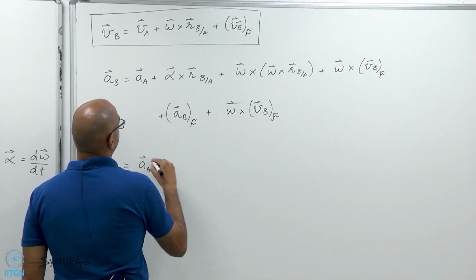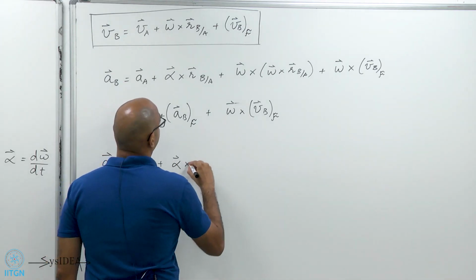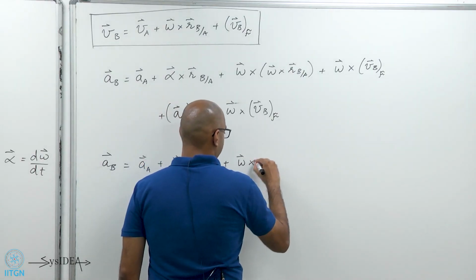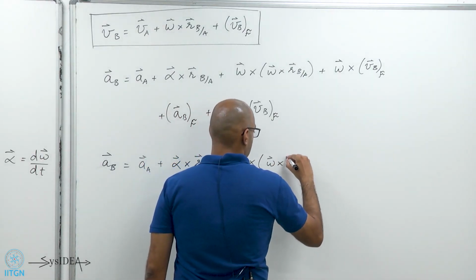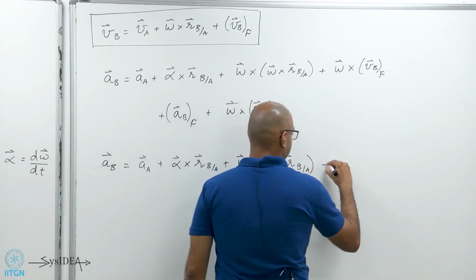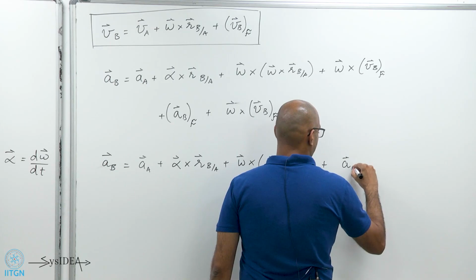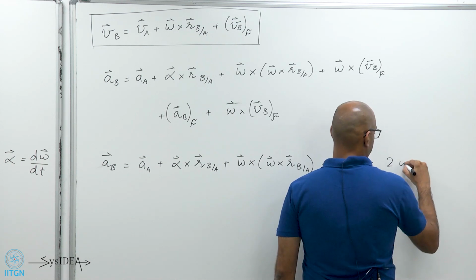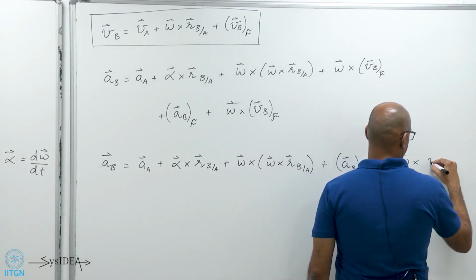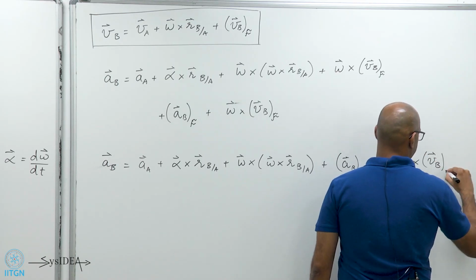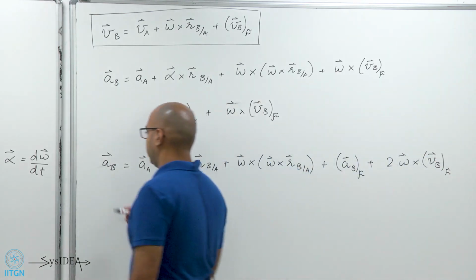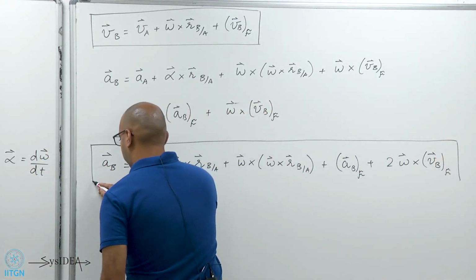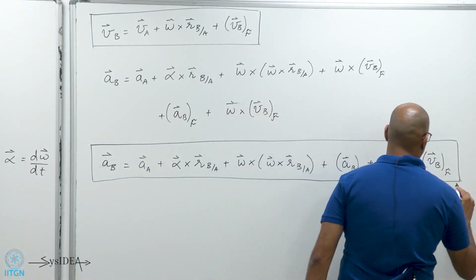acceleration of B is equal to acceleration of A plus alpha cross R B with respect to A plus omega cross omega cross R B with respect to A plus acceleration of B relative to the rotating frame plus 2 omega cross VB with respect to F. Now this is the most general form of the kinematic equation for acceleration.